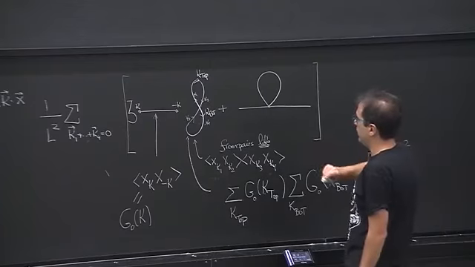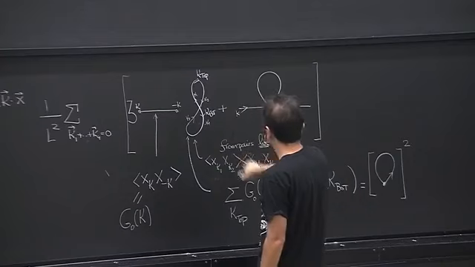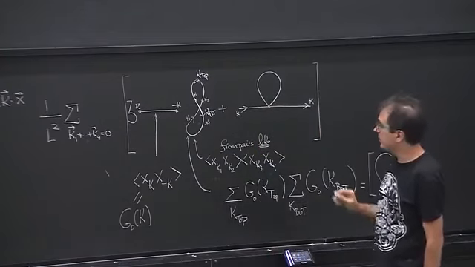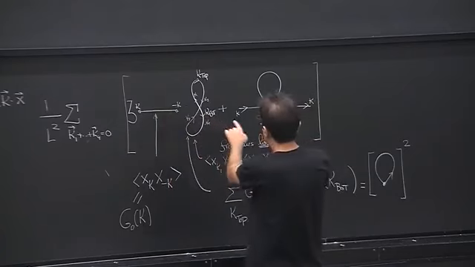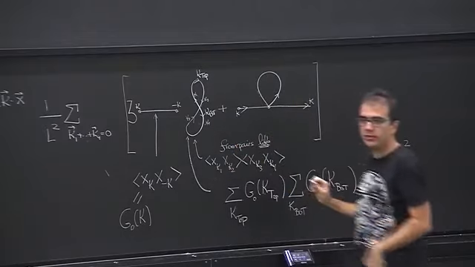What about this term here? Here means that I take k, I inject momentum k, I receive momentum k here. But now, you see, I put one propagator between k and this vertex, and then momentum k goes here, and then momentum k goes there.